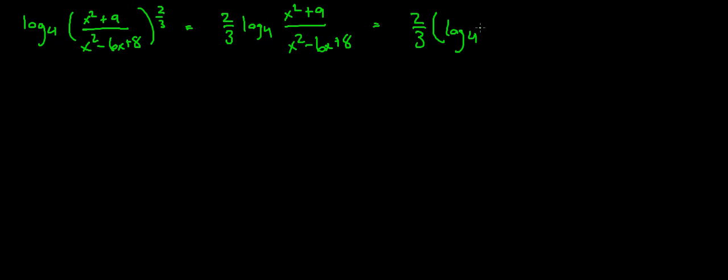So 2/3 log base 4 of x squared plus 9, minus log base 4 of x squared minus 6x plus 8. And here it's easier to see that this 2/3 is distributed to both of these logs.